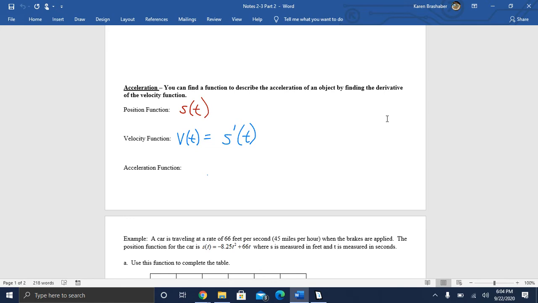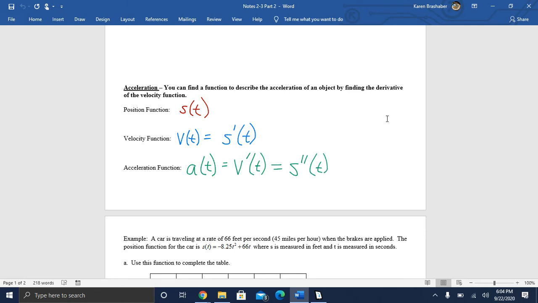So maybe you can guess acceleration. Acceleration will be known as a of t. And acceleration will be the derivative of velocity. But because of that, it's also the second derivative of the position.